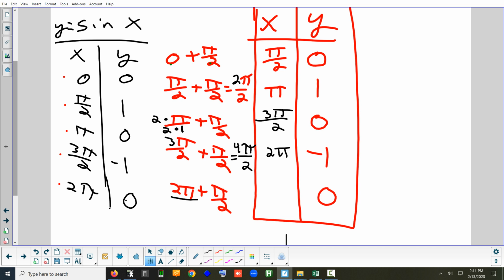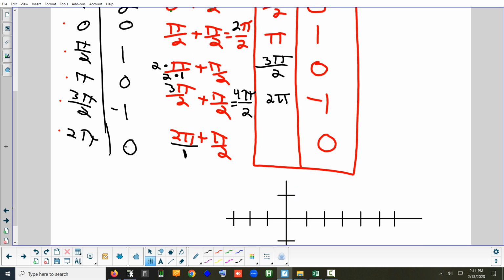Since I don't have a common denominator, what would I put right here? I'm going to put a 1. And the common denominator would be 2. We have to multiply it by 2. Yep, we're going to multiply it by 2. And now we've got 4 pi over 2 plus 1 pi over 2.